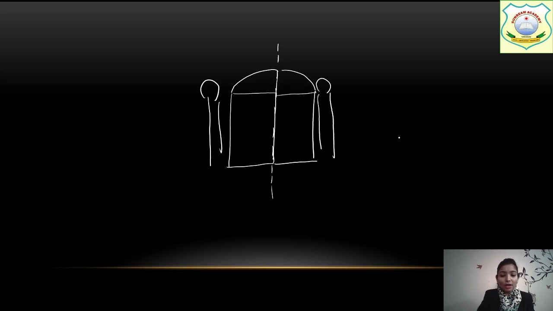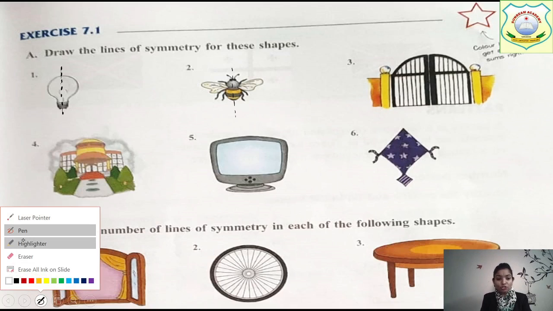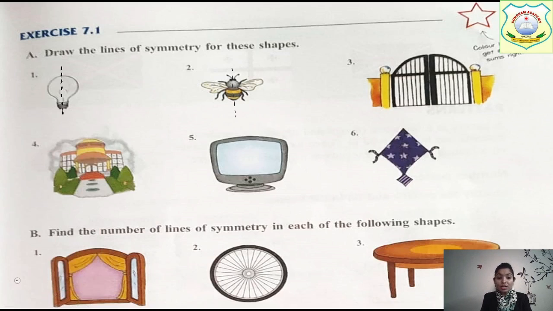And then we have the house. Let's do that also. It is the same as how we divided the Taj Mahal. We need to just divide. You have to just see how many lines of symmetry can be made. So in these images only one line of symmetry is possible, right? In this house also there is only one line of symmetry, right?